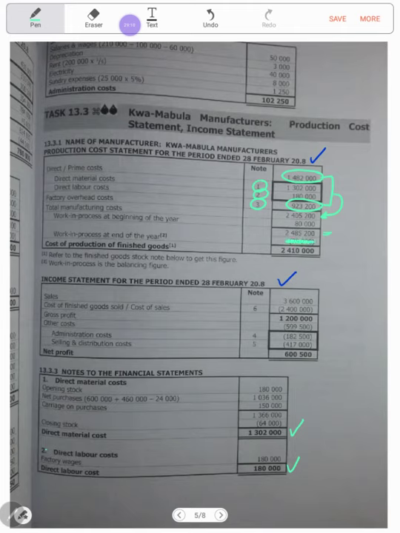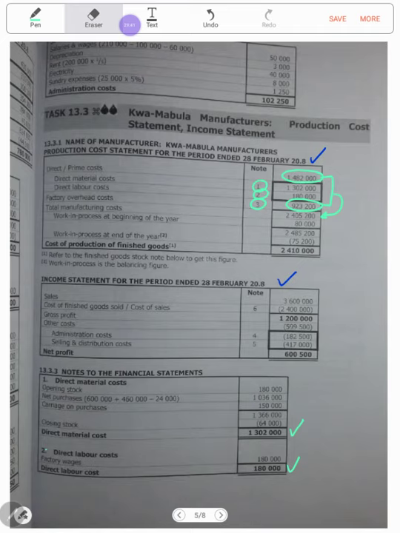At this moment, this should be blank. We do not know this figure as yet, so we need to work back. If I take 2,485,200 and I subtract 2,410,000, I should get a figure of negative 75,200.